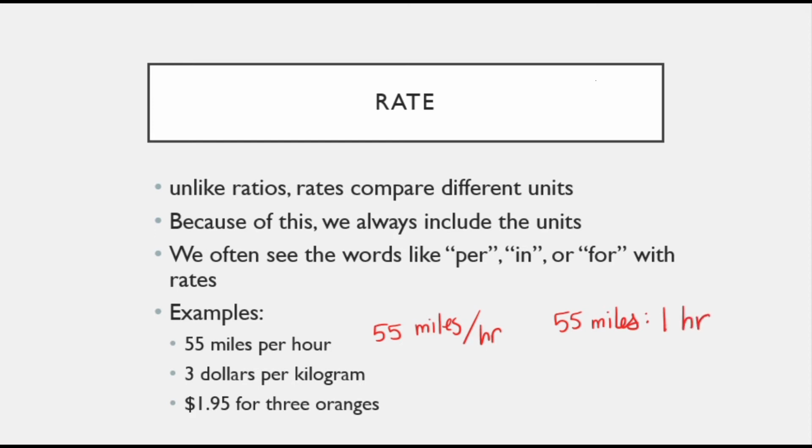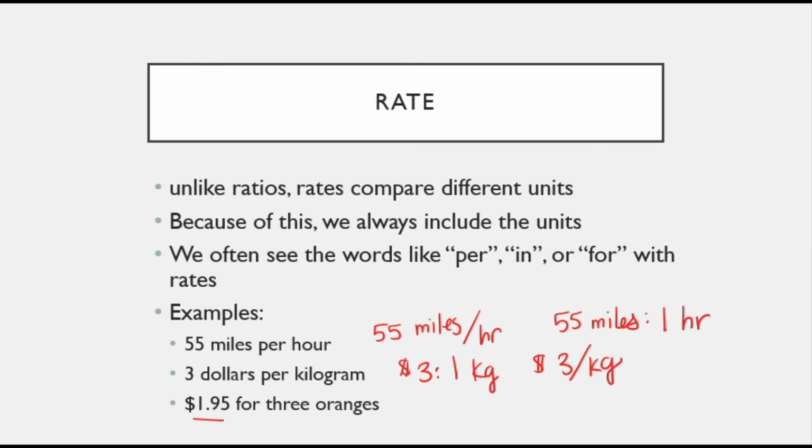But because we have the number 1, it's what we call a unit rate, we can kind of drop it and just say per hour. Same thing here. $3 for 1 kilogram, or simply $3 per kilogram, like you see at the grocery store.